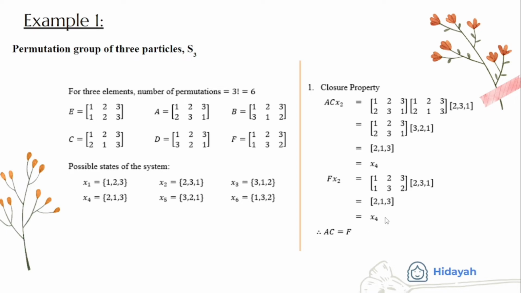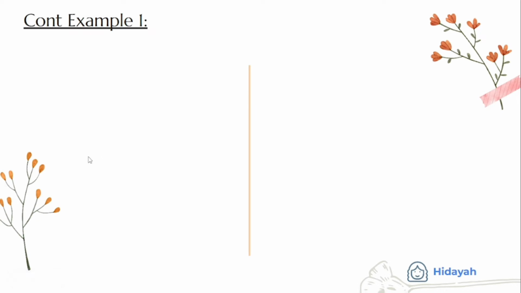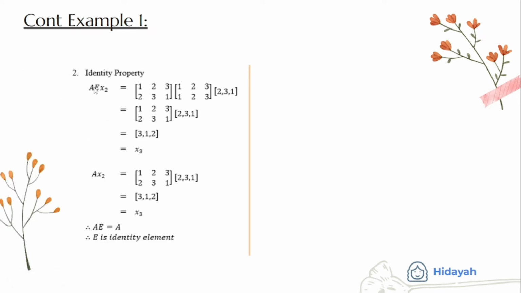Then we get x4. So we can show that this is the same result, x4 equals x4. So we can say that ac equals f. This means that the product of two elements of the group is equal to another element of the group, therefore it satisfies the closure property.